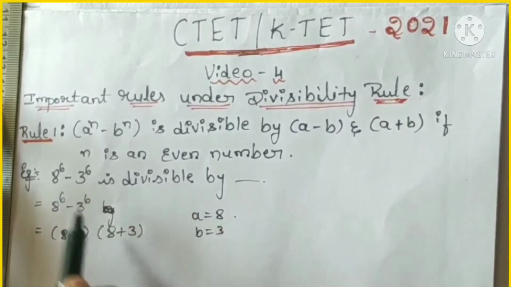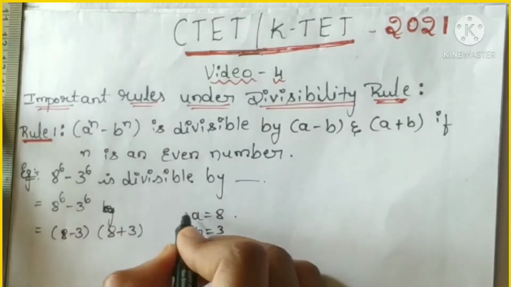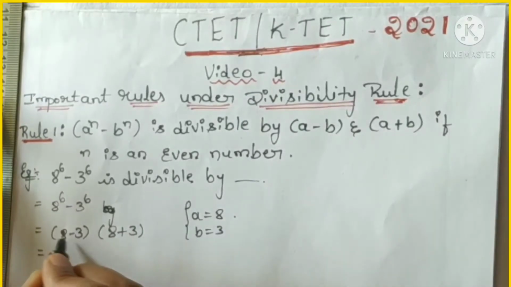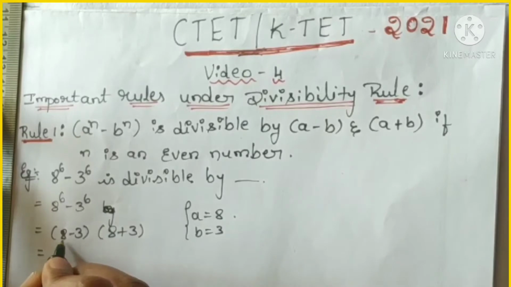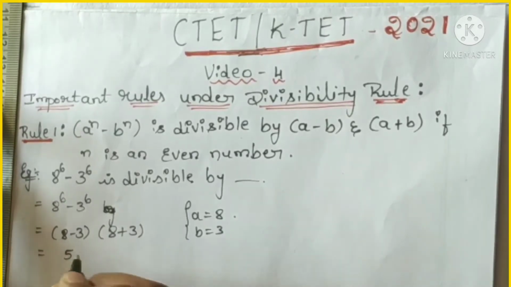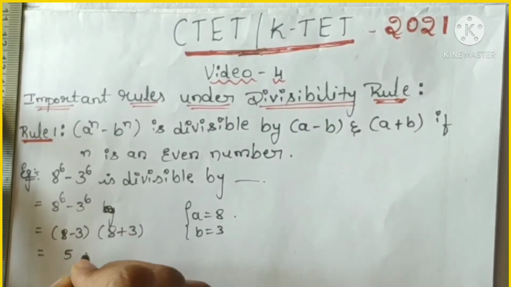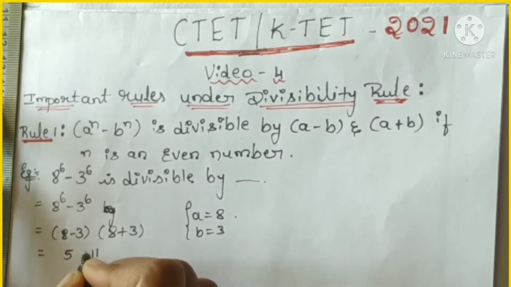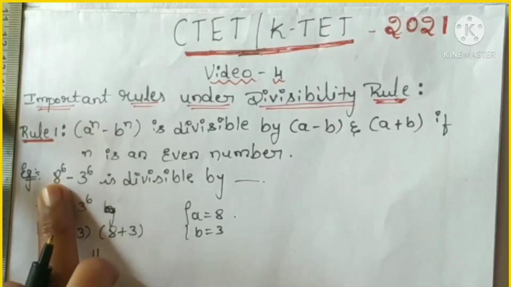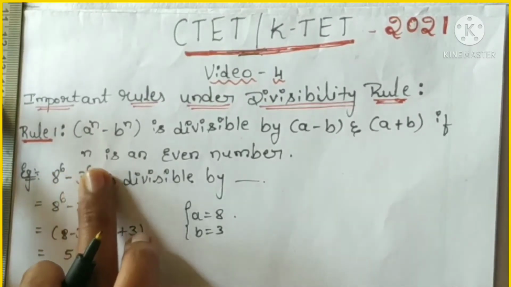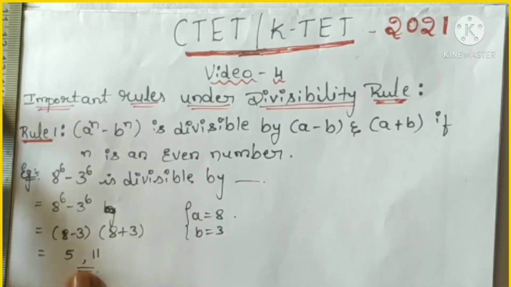I just compare this with the rule. Now 8 minus 3 is 5 and 8 plus 3 is 11. So 8 to the power of 6 minus 3 to the power of 6 is divisible by 5 and 11.